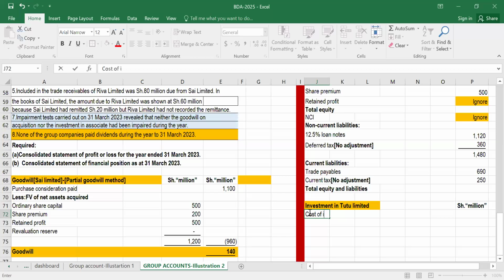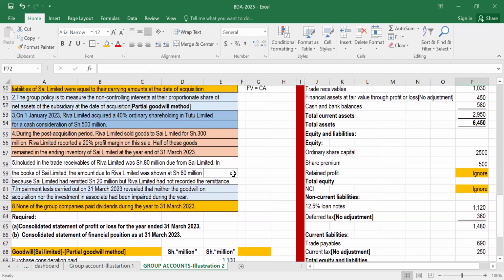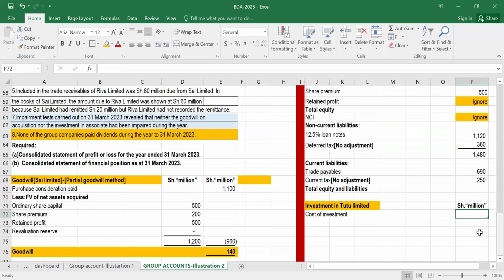Cost of investment is basically the purchase consideration which was paid by the parent company in acquiring shares of the associate. I think this figure we had somewhere, in note number 3, it was 500 million. And then to this, what do we add?